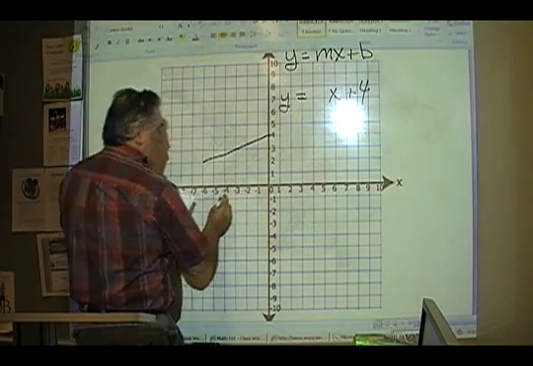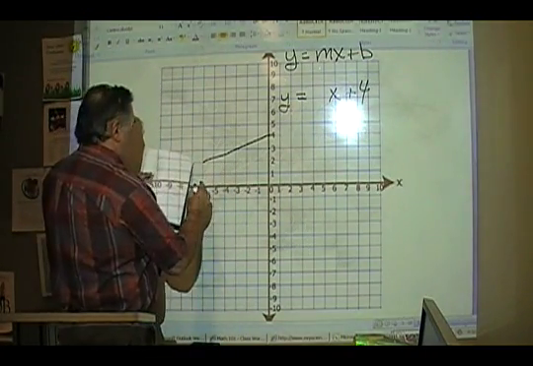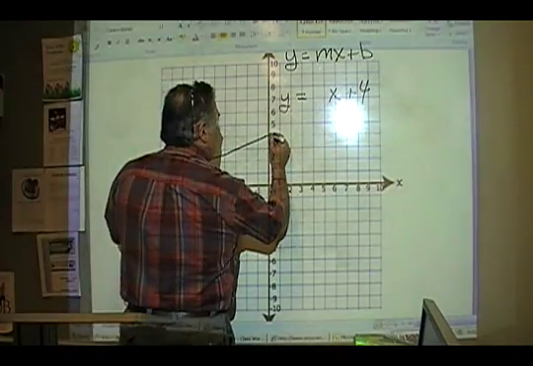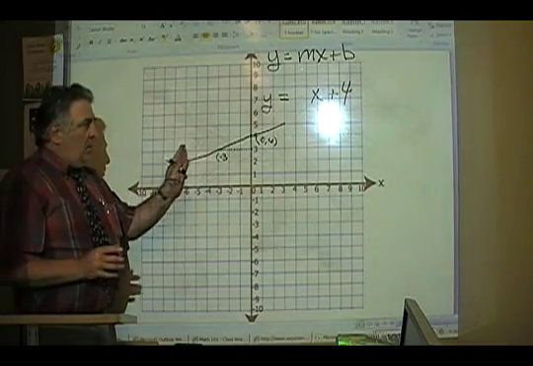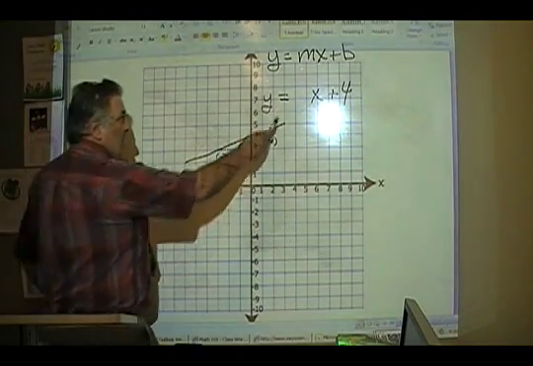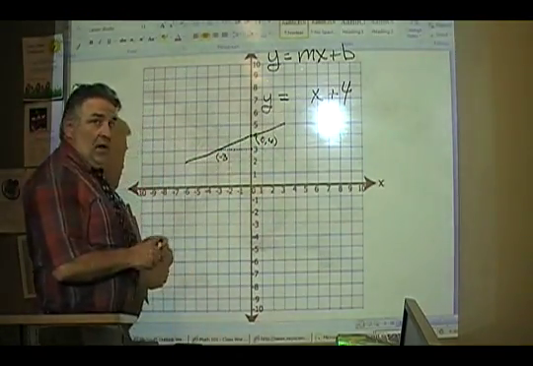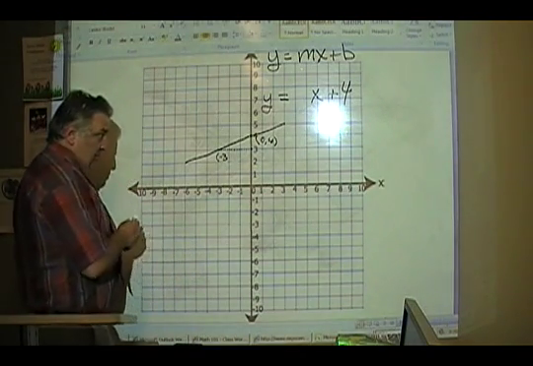And then it goes upwards in this way. So we're trying to determine the slope of this line. That's the only thing we have left to answer: what is m, the slope of the line?